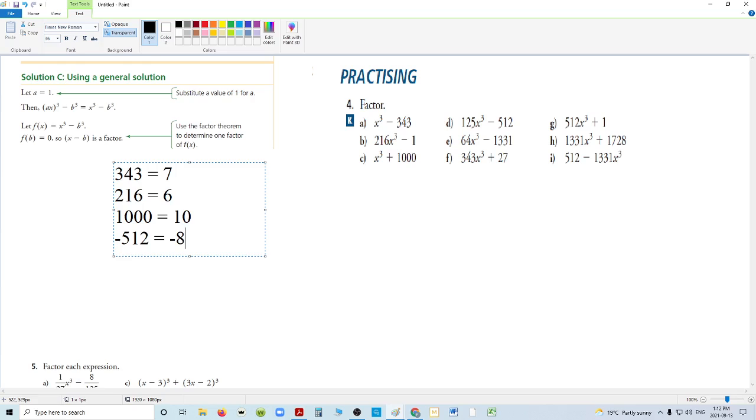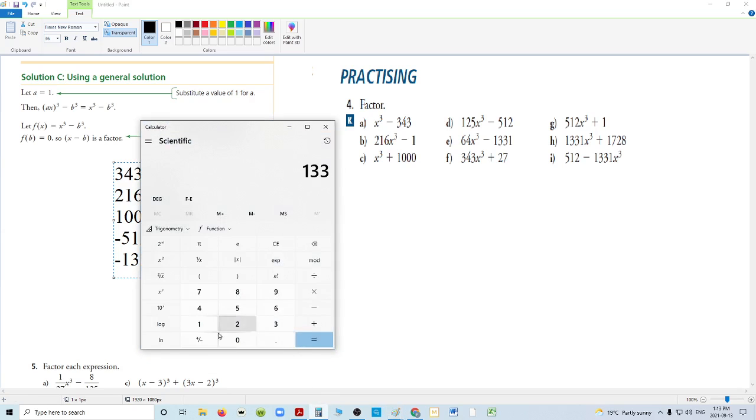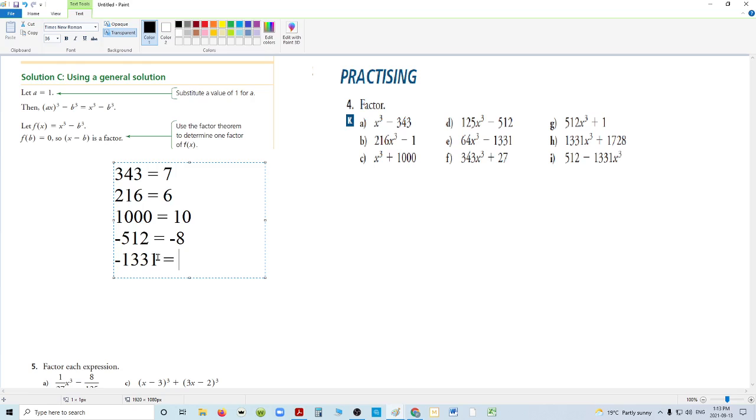So minus 8. 1331, minus 11. 343, oh, I already did it up above. It's 7. 512 I already did. 1331 I already did, but 1728 I didn't. This way you don't duplicate your efforts.